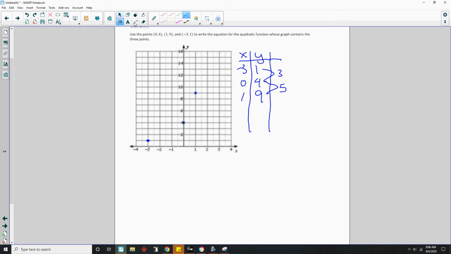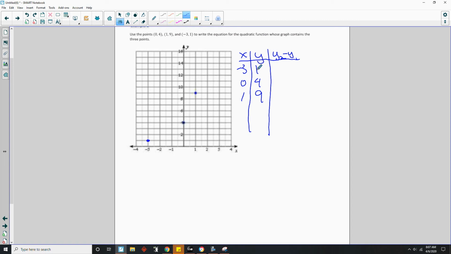So if I did this in a table, let me get rid of these things here. Let me do it in a table differently. So if I make another column, and if this was y1 and this is y2, then this would be y2 minus y1.